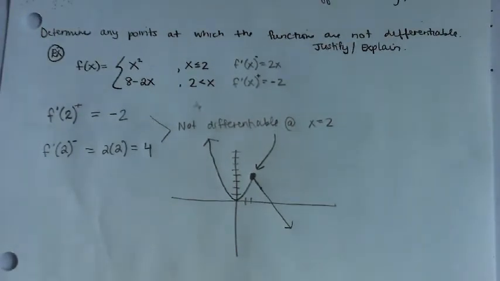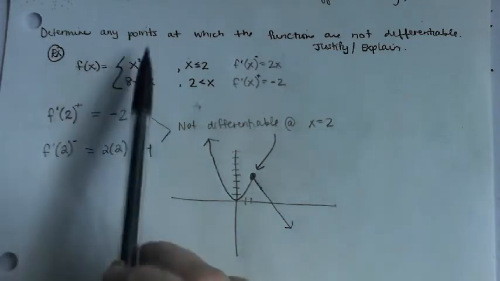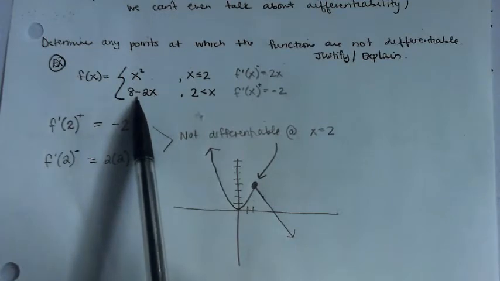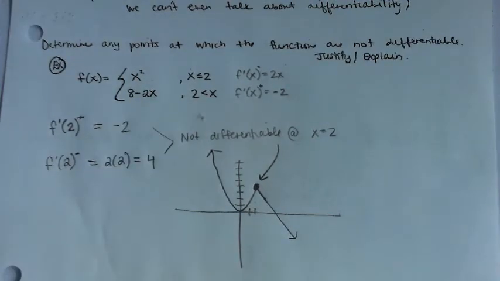Okay, so one of the main things to keep in mind is, in your own head, keeping it all straight, continuity, which is f of 2 coming from the left and f of 2 coming from the right, that's one thing. F prime of 2 coming from the left and f prime of 2 coming from the right, that's differentiability. Do we follow that? Any questions? Okay.